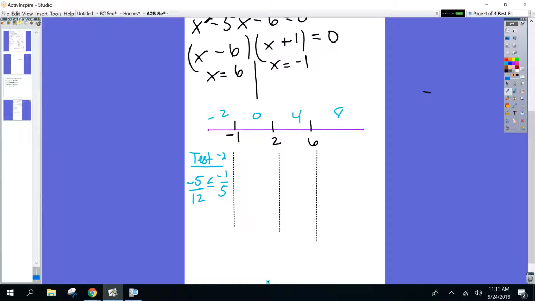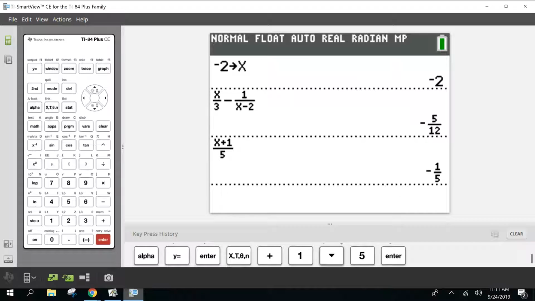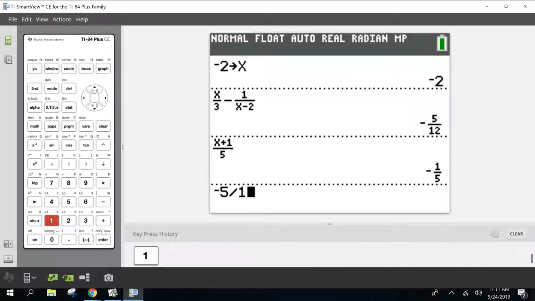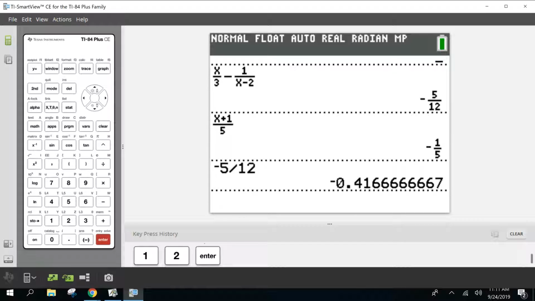Check the decimal if you're concerned, right? That's what we can always do. Is -5/12 less than -1/5? Okay, I think just by your puzzled looks, I should go to the decimal myself. So -5 over 12 is that one, -1/5 is that one.